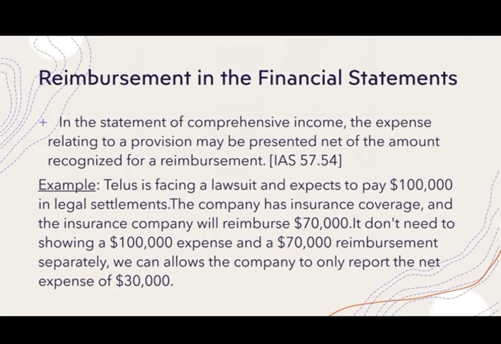Reimbursement in the financial statements: in the statement of comprehensive income, the expense related to the provision may be presented net of the reimbursement amount. In the balance sheet, the provision is recorded as a liability, and the reimbursement is recorded as a separate asset.